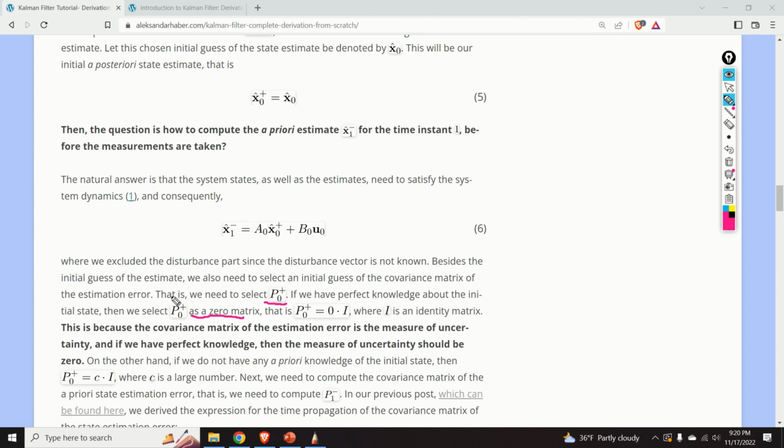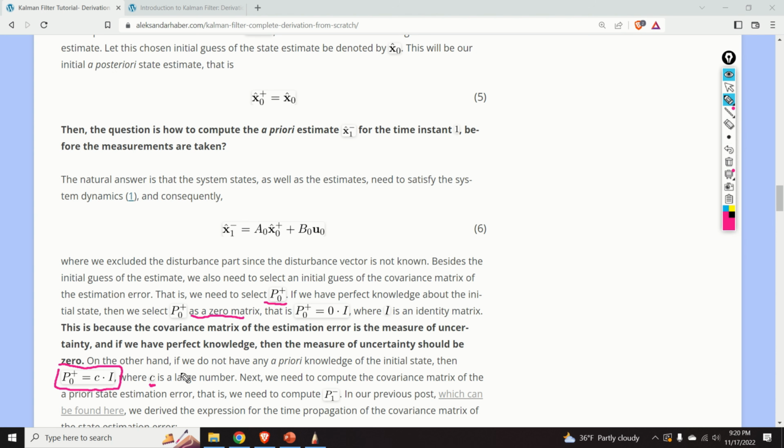On the other hand, if we don't have any a priori knowledge about the initial state, then P0 plus is equal to C times the identity matrix, where C is a very large number. This means that if we don't have any a priori knowledge about our initial estimate, then our covariance is a large matrix.